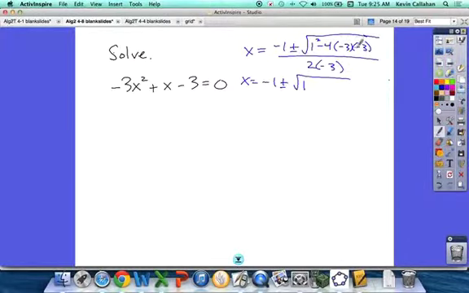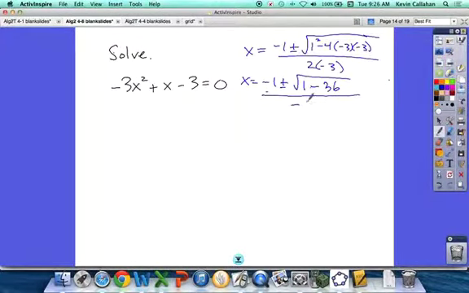The negative 3 times negative 3 is positive 9, right? 4 times 9 is 36. If there had just been 1 negative there, then we would have been adding. But there's 2 negatives. The negatives times the negatives are canceling, and we're still subtracting.